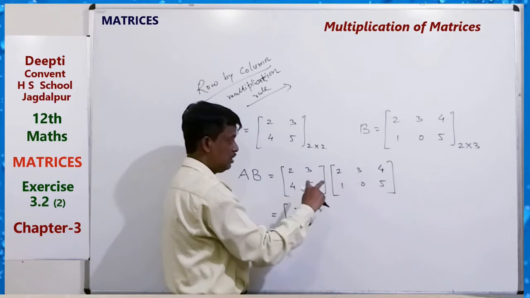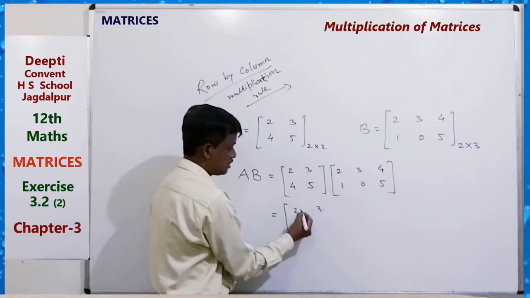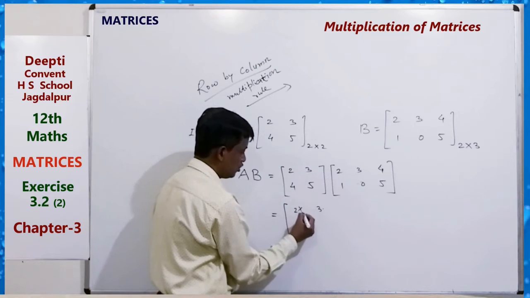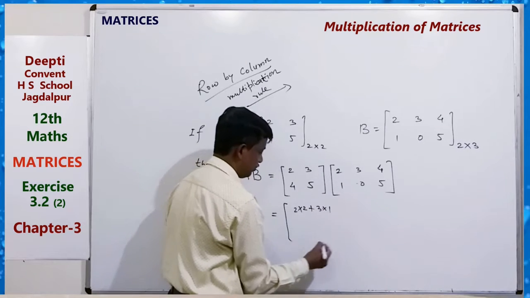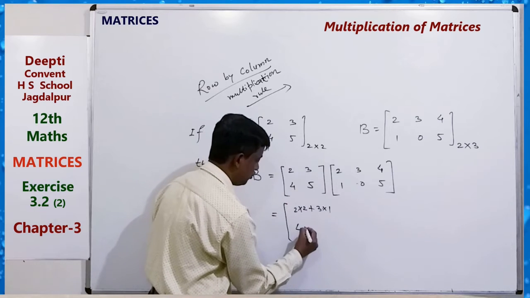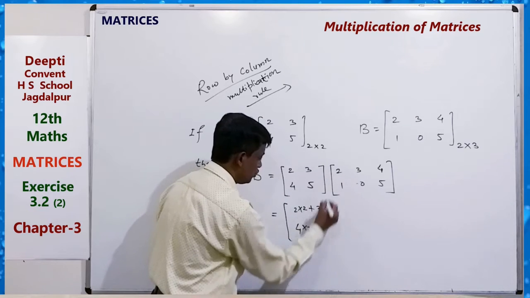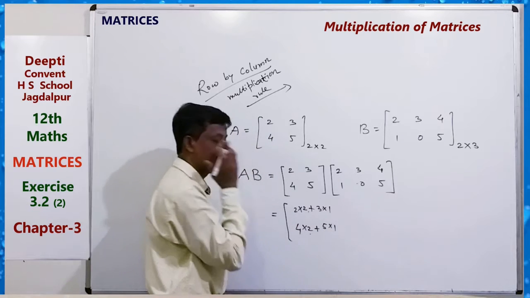So it is 2 into 2 plus 3 into 1. Same for this place: 4, 5, 4 into 2 plus 5 into 1. So these two are defined like this. Okay.